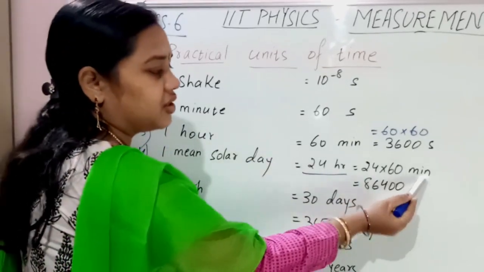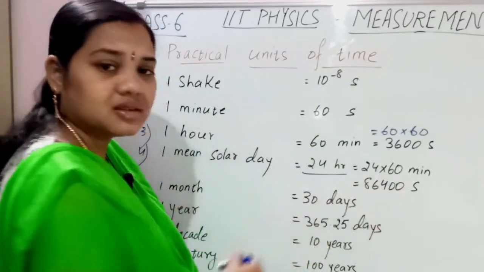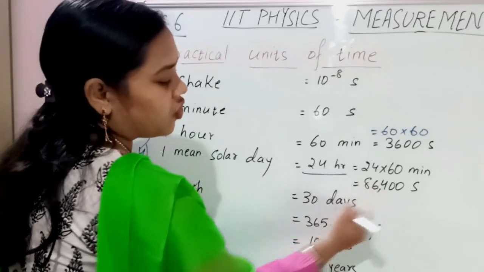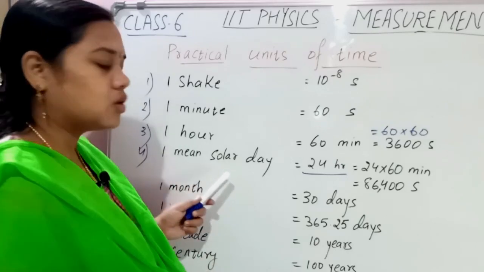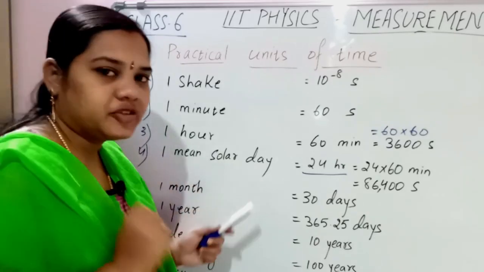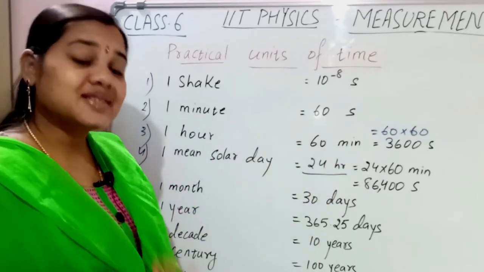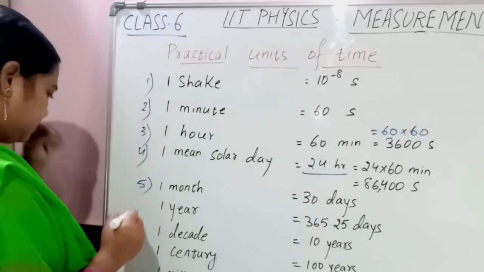Here this is converted into minutes. When you have to convert into seconds, multiply by 60 again. So it is 86,400 seconds. So one mean solar day is equal to, in hours, 24 hours, in minutes, 24 into 60 minutes, in seconds, 86,400 seconds.